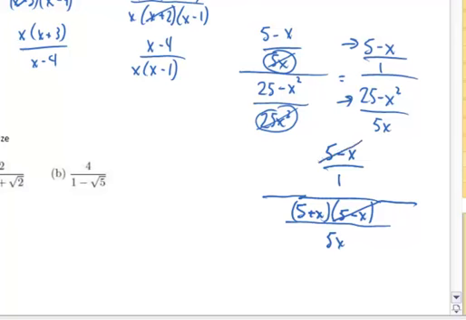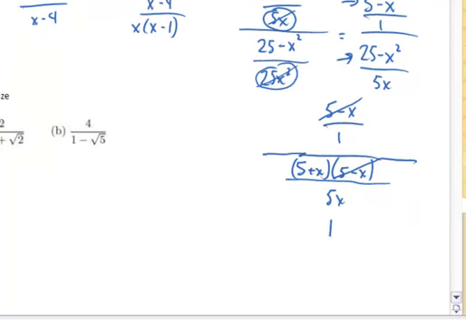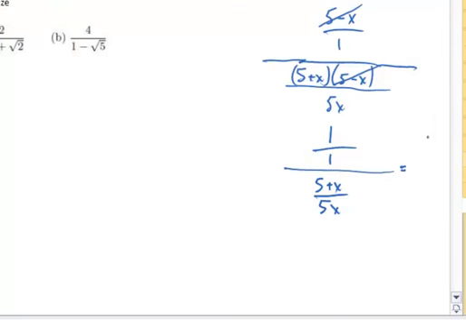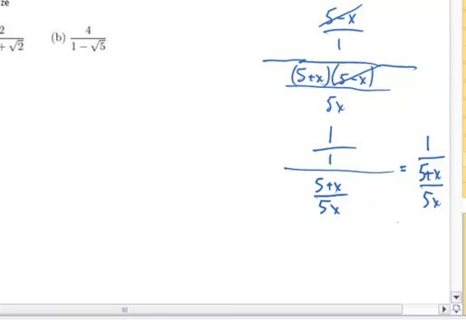So I basically have 1 over 1 divided by 5 plus x over 5x. So in other words, this is equal to 1 over 5 plus x over 5x, which can be written as 5x over 5 plus x. So that would be my final simplified answer.